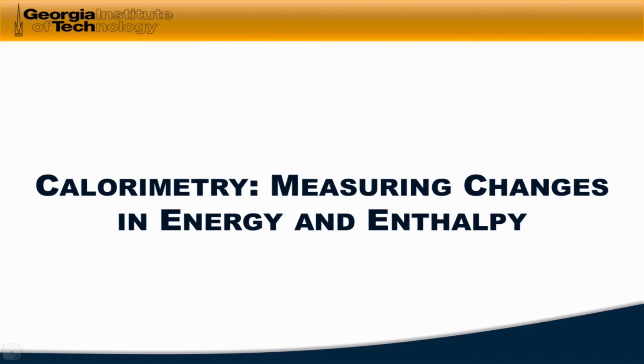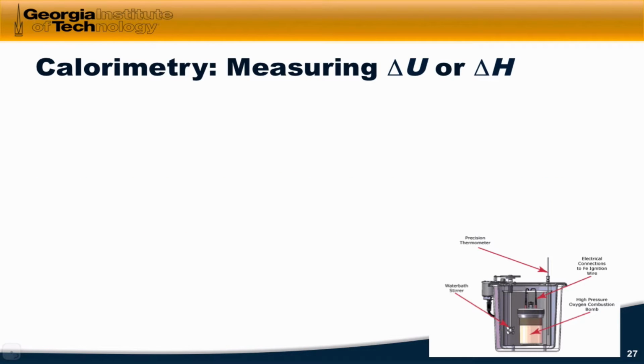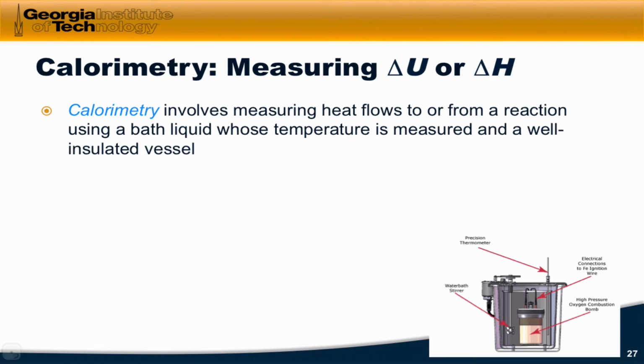I want to close our discussion of the first law by talking about calorimetry, which is an experimental method for measuring changes in internal energy and enthalpy, in other words, for measuring delta U or delta H. There are two types of calorimetry that correspond roughly to measuring delta U or delta H. And in general, calorimetry involves measuring heat flows to or from a reaction using a surrounding or bath liquid whose temperature is measured inside a well-insulated vessel.